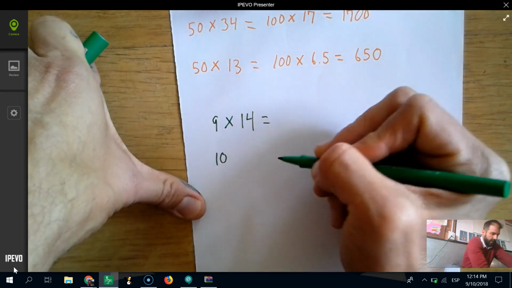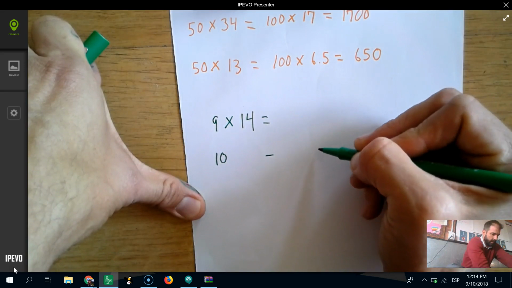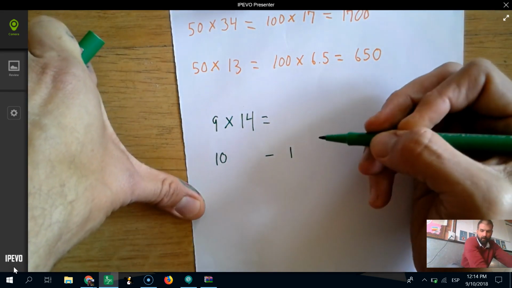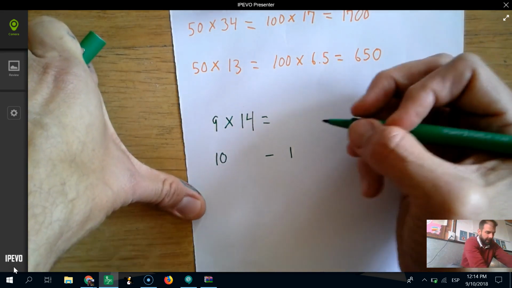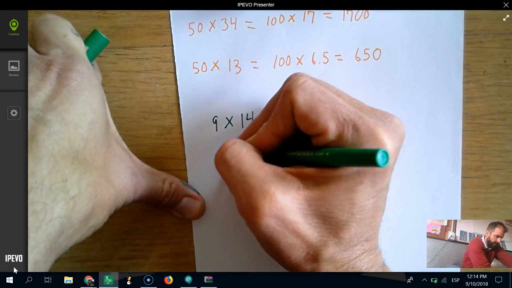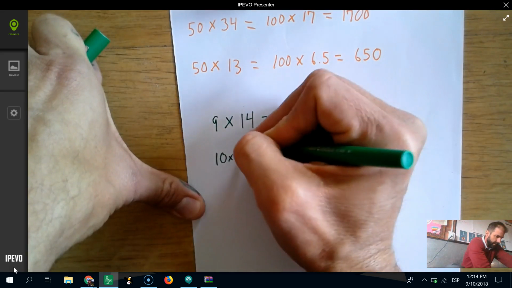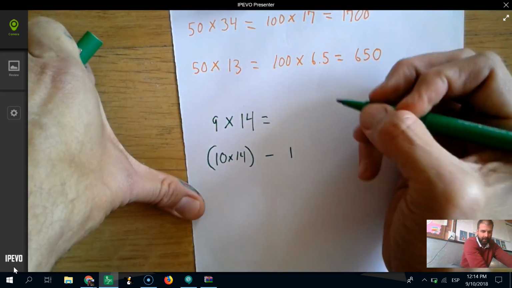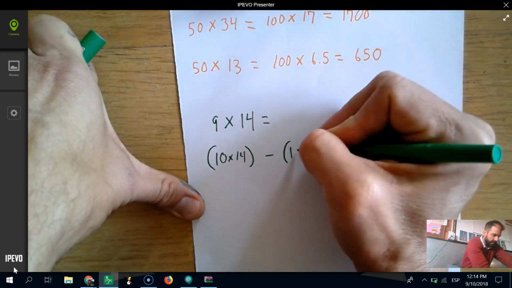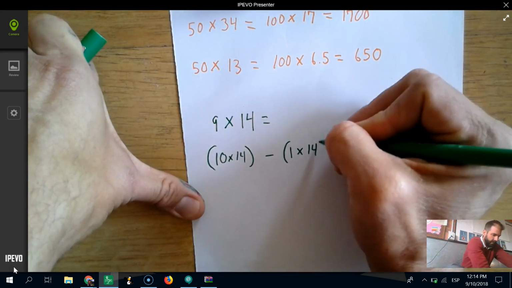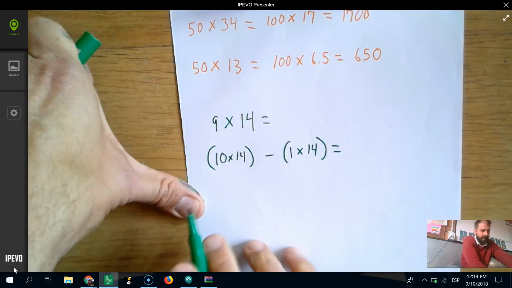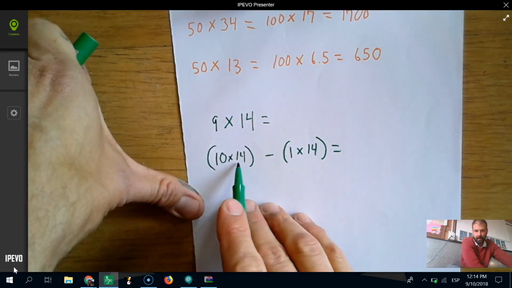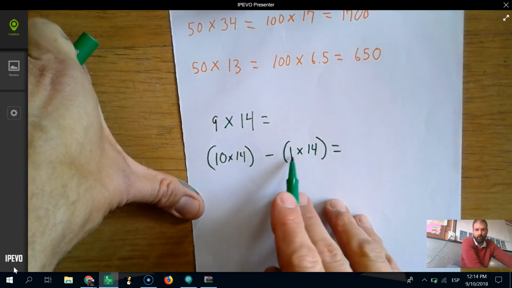I know that 10 minus 1 equals 9. The reason that's cool is that I can do (10 times 14), and I'm putting parentheses around it so I can group it, minus 1 times 14. This is the same thing as 9 times 14. It says I'm going to do 10 times 14 and remove one group.